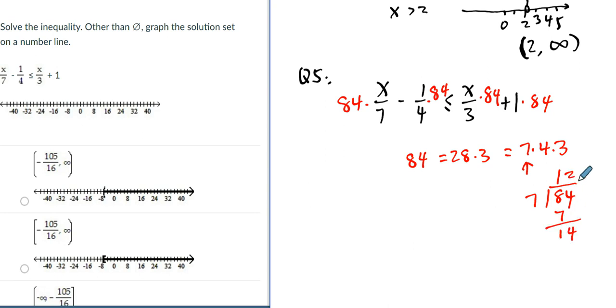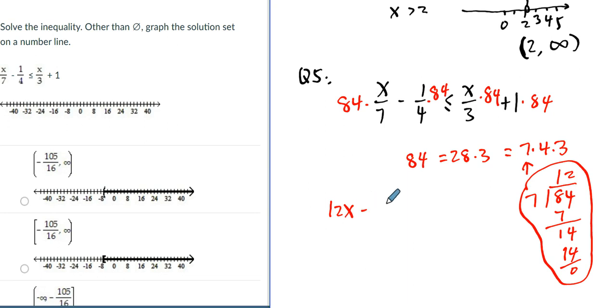So then here you have 12x. And here is 21. Less than or equal to.